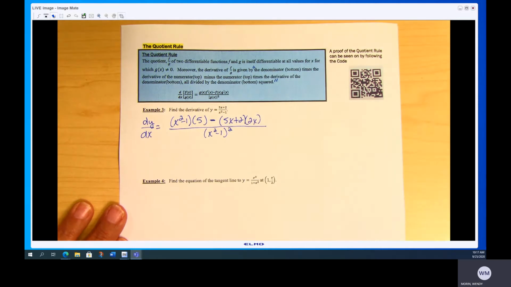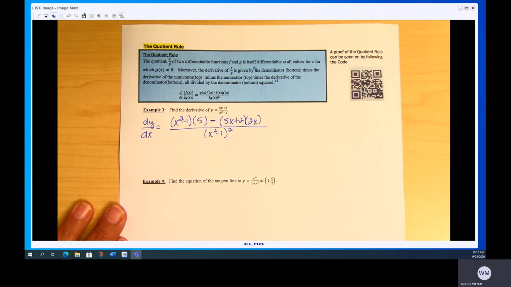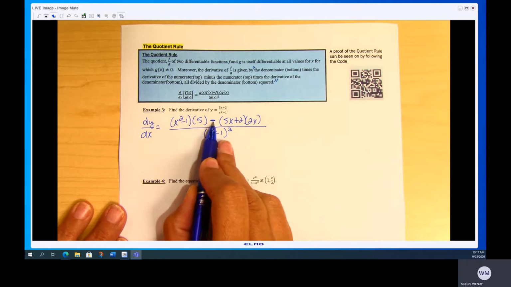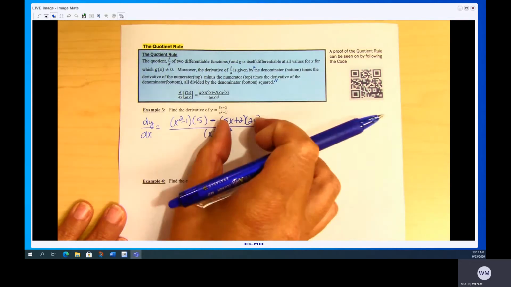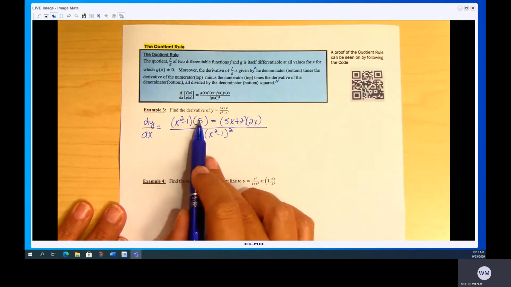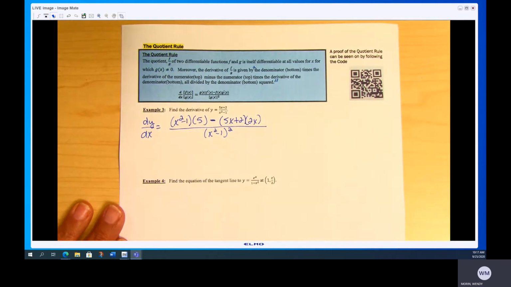And that is the quotient rule. The rest is simplifying using algebra. You want to go ahead and stop the video and simplify, practicing your algebra skills. Be very careful. This is a negative that needs to be distributed. The other common mistake is people will switch these around, and you can't do that. Make sure you follow the order so you don't make those common mistakes.